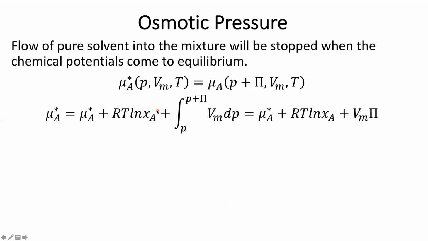So what we can do is, again, set these chemical potentials equal to each other, where I have the chemical potential of my pure solvent, and that's going to be equal to the chemical potential of my solvent plus essentially this composition factor, which is going to lower the chemical potential by stabilizing the system due to entropy.